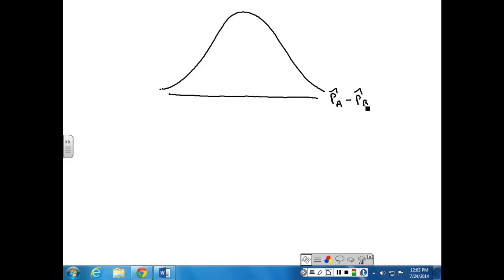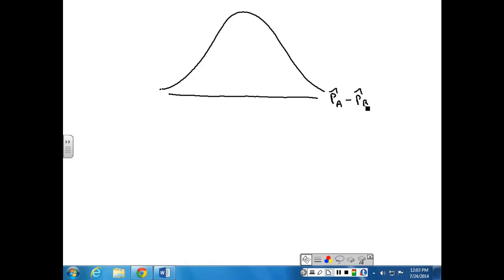We had a difference between those proportions. It was 0.067, the 0.6 minus 0.533. But the next time we take two samples of high and low income voters and look at the difference between proportions, we would get something else. And then again, something else. What we do know is that the distribution of those differences between sample proportions will follow a bell curve.